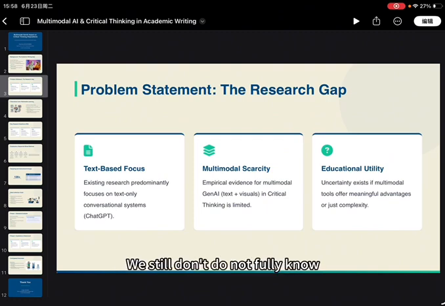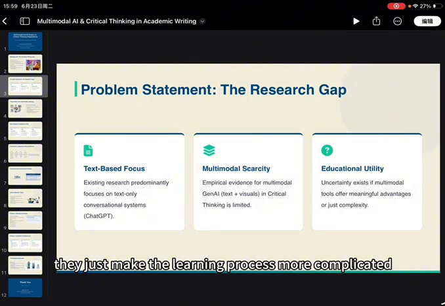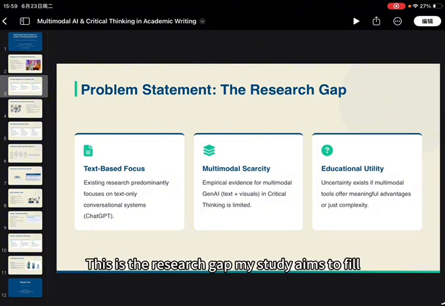We still do not fully know if these multimodal tools actually help students think deeper or if they just make the learning process more complicated. This is the research gap my study aims to fill.